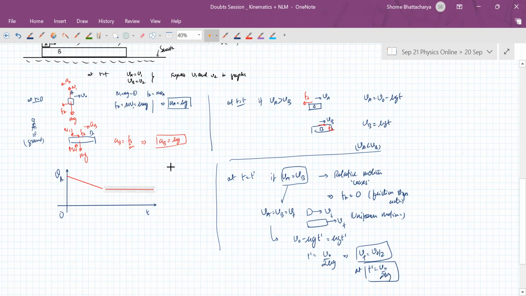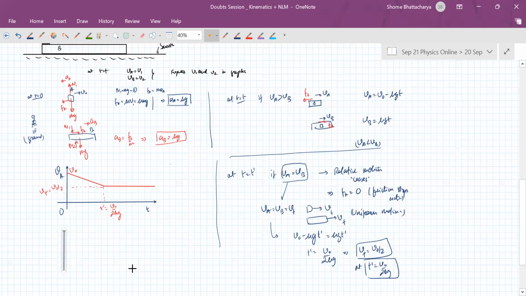It becomes half its initial value. Whereas if you look at B's velocity, it accelerates for that much time, 0 to t prime, and then becomes uniform at the same value, the final speed.